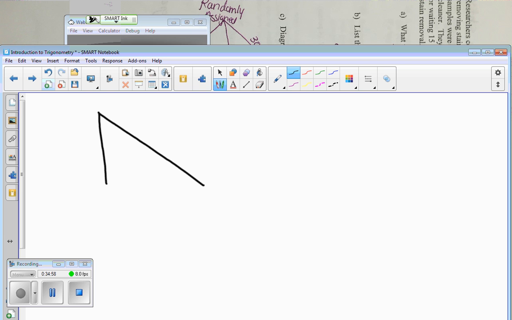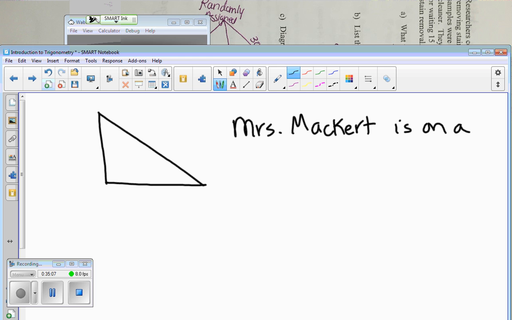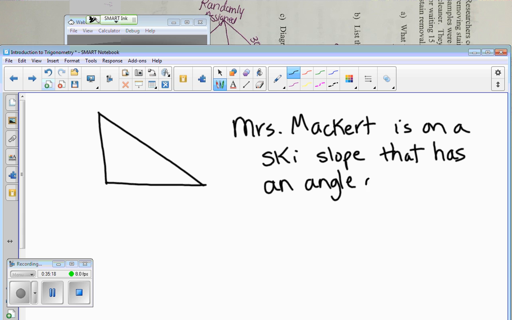All right? So we're going to have Mrs. Mackert on a ski slope that has an angle of elevation, and we'll talk more about what that means in our next class, but we'll say 10 degrees. That simply just means that this angle here is 10 degrees.